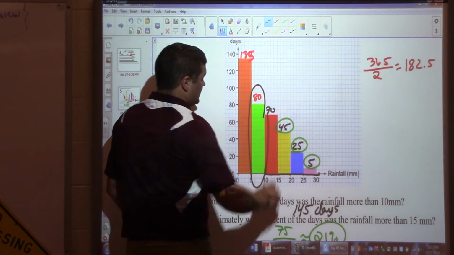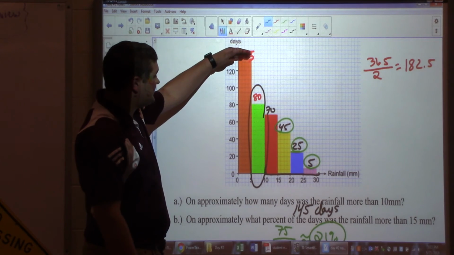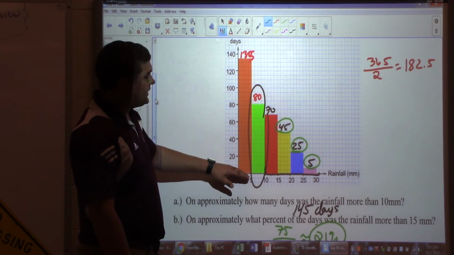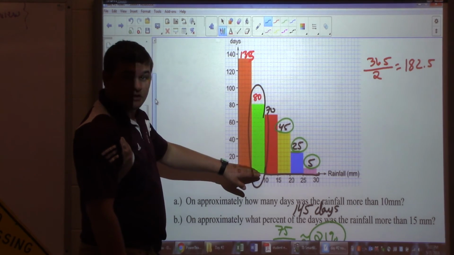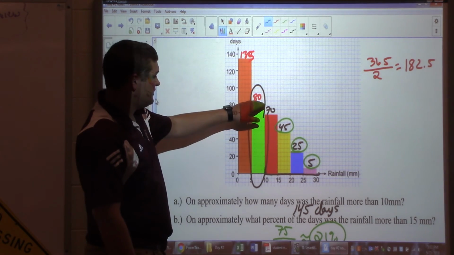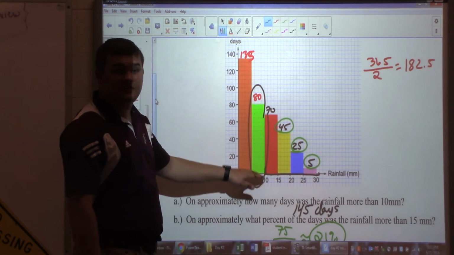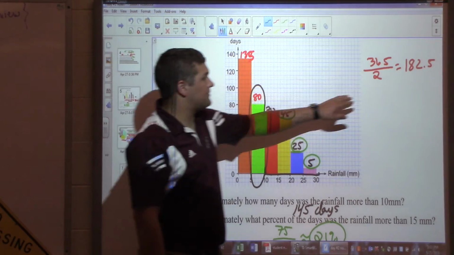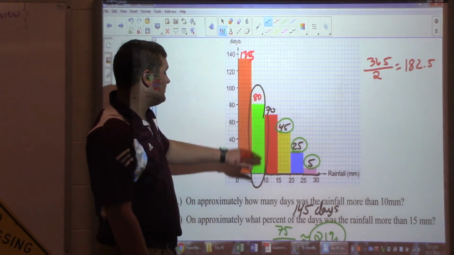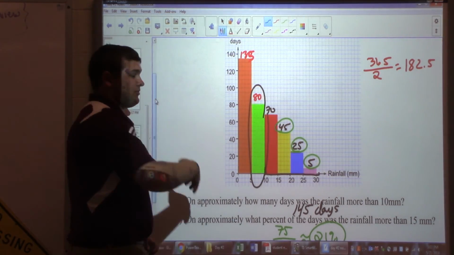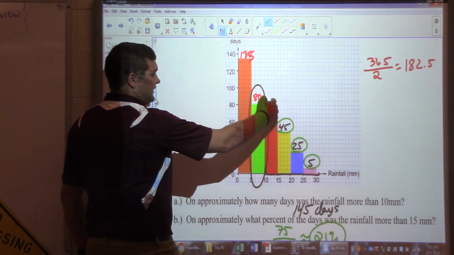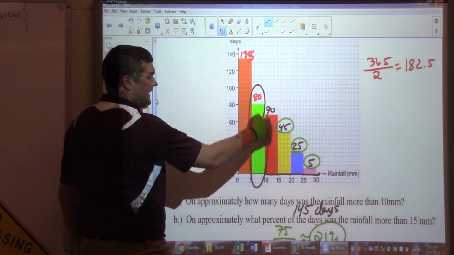Because if I go from the left, there's 135 data points in this bar. There's another 80 in here. So by the time I get through the green one, I'm through 215 days. I wanted to get up to 182, so that's inside there somewhere. If I go from the right, same thing: 5, 25, 45, 70, we said gets up to 145.